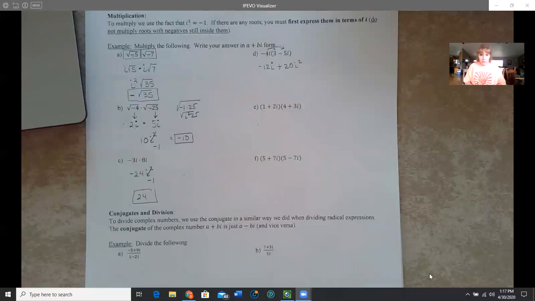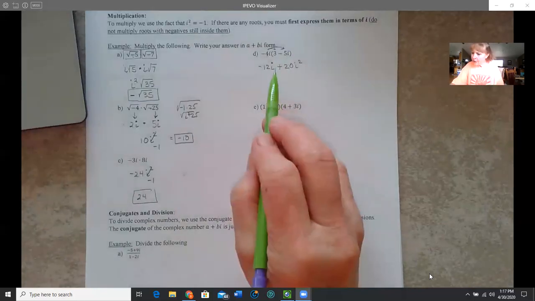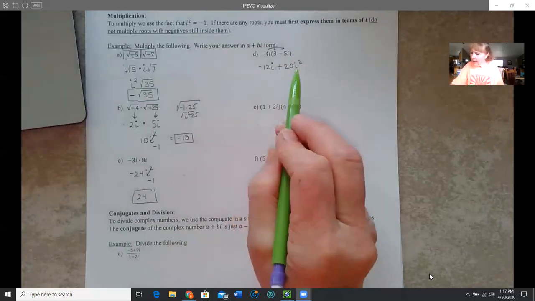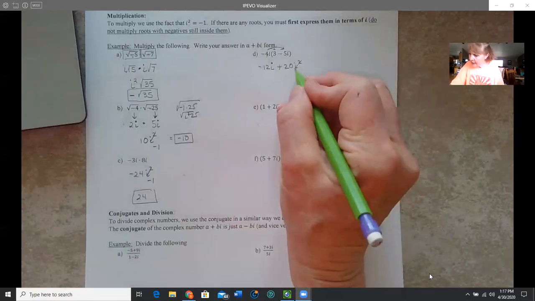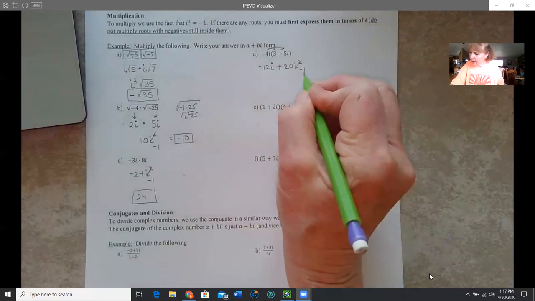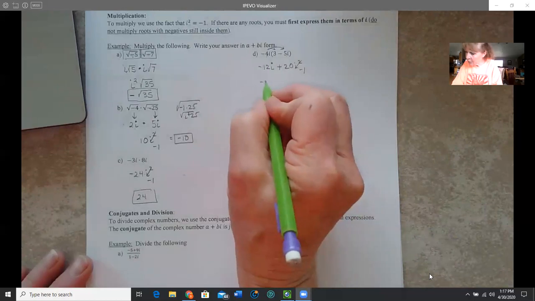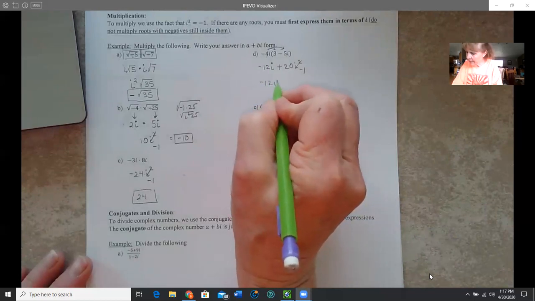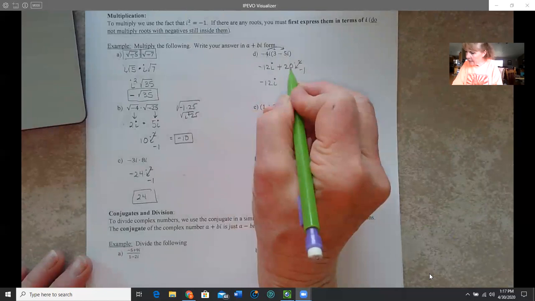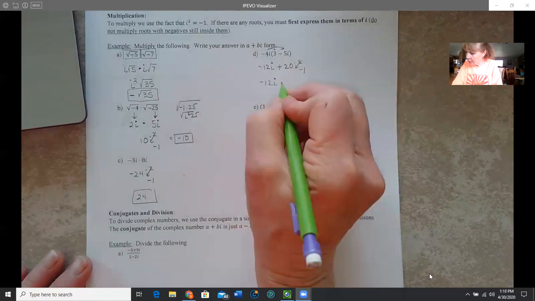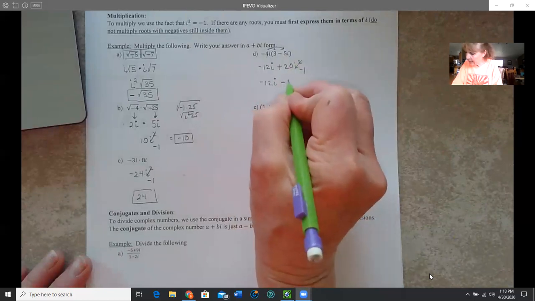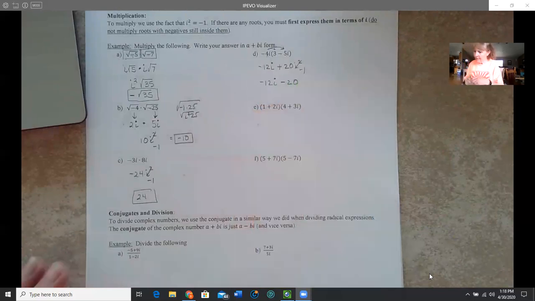Now, finishing this up, there's nothing I can do here, but i squared is a negative 1. So I end up with a negative 12i. 20 times a negative 1 is a negative 20, and I'm going to put that negative there.